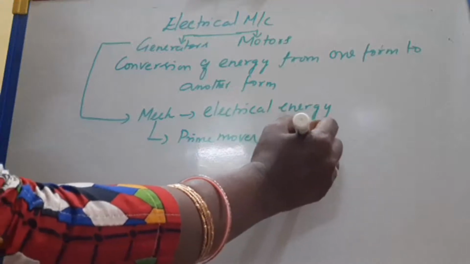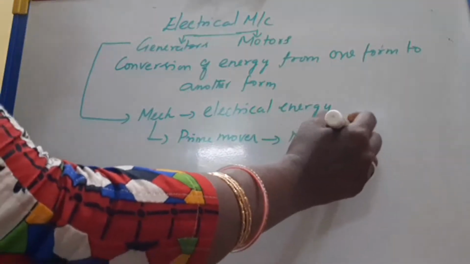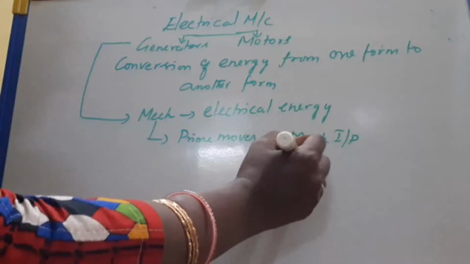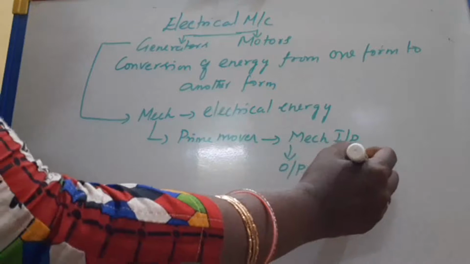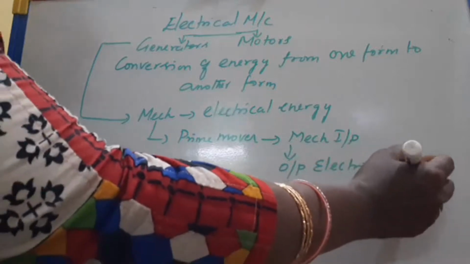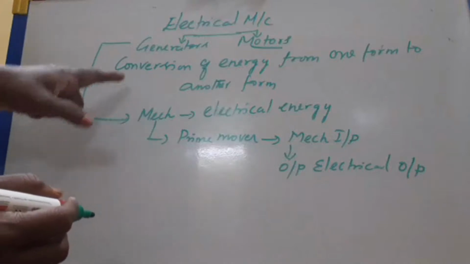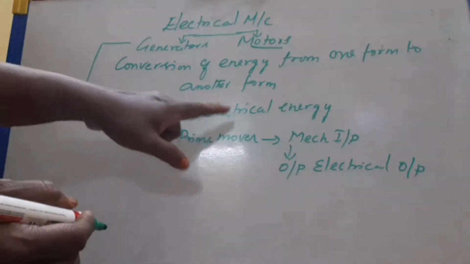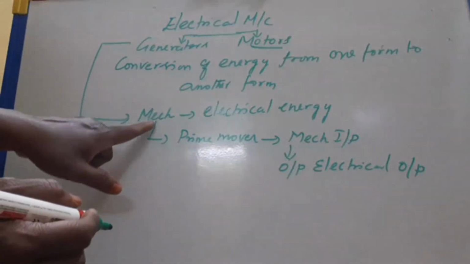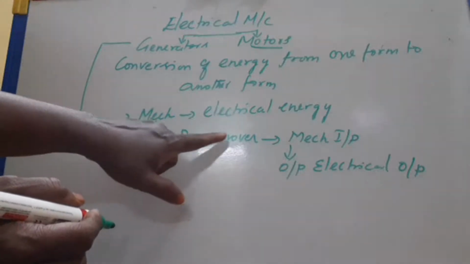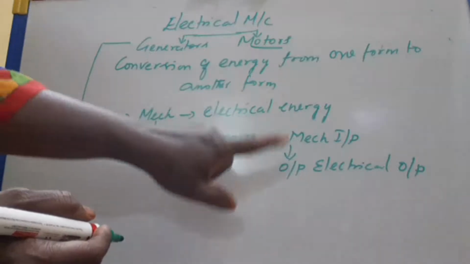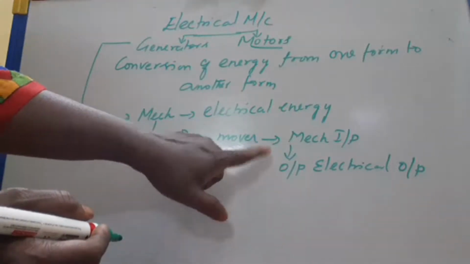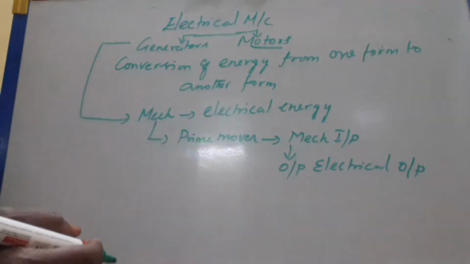So the input given is mechanical, and the output we get will be electrical. Similarly, the motor. So a generator is the machine which converts mechanical energy into electrical energy. For providing the mechanical energy, we take a prime mover, which gives the mechanical input, and it converts the mechanical input energy into electrical output.